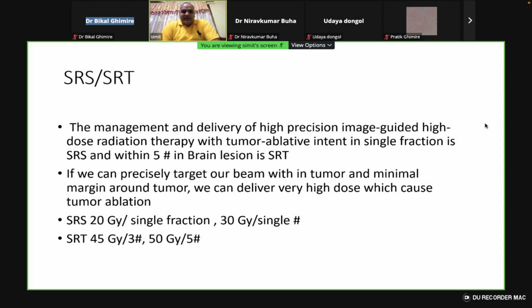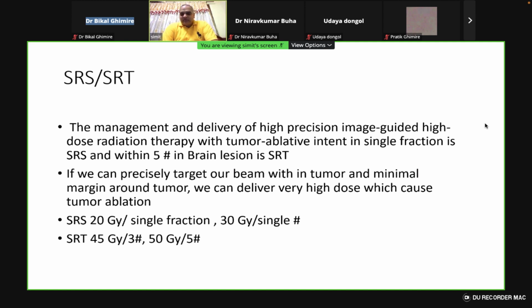Stereotactic radiotherapy and stereotactic radiosurgery are also kinds of radiation. Here the planning is IMRT, but high precision image guided radiation therapy is given with the intent of tumor ablation. If it's given within a single fraction, it's called stereotactic radiosurgery. If it's given within 5 fractions, it's called stereotactic radiotherapy.